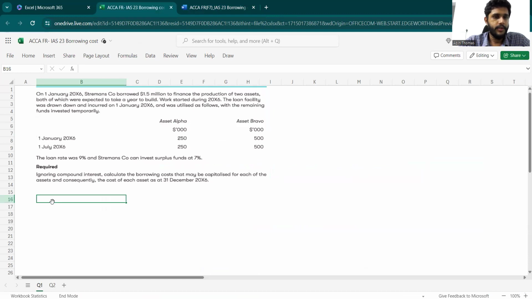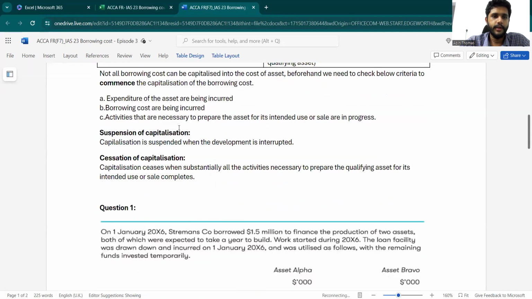Let us read out the question first. On 1st January 2026, Streeman's company borrowed $1.5 million to finance the production of two assets, both of which were expected to take a year to build. Work started during 2026. In the same year itself, they have started the construction. So this is our third point in our criteria.